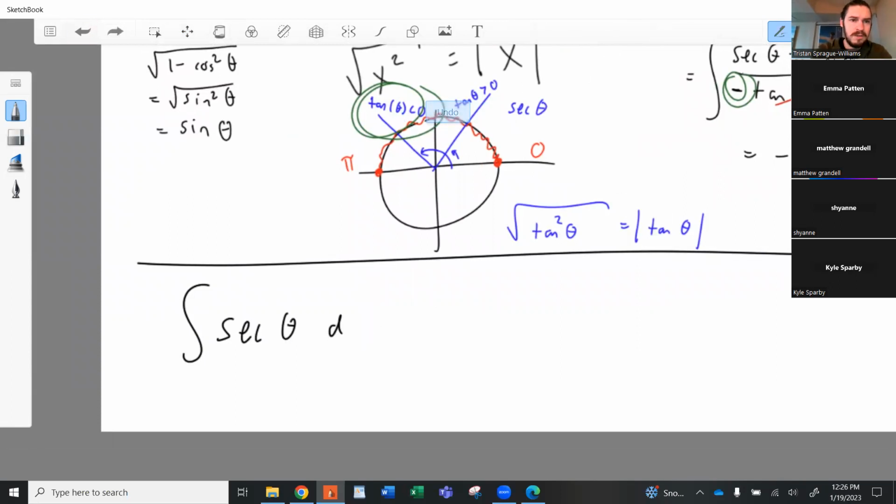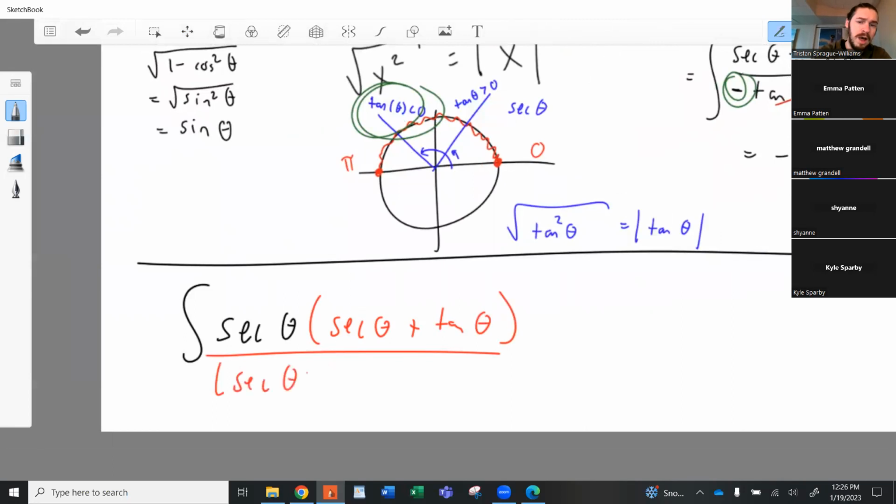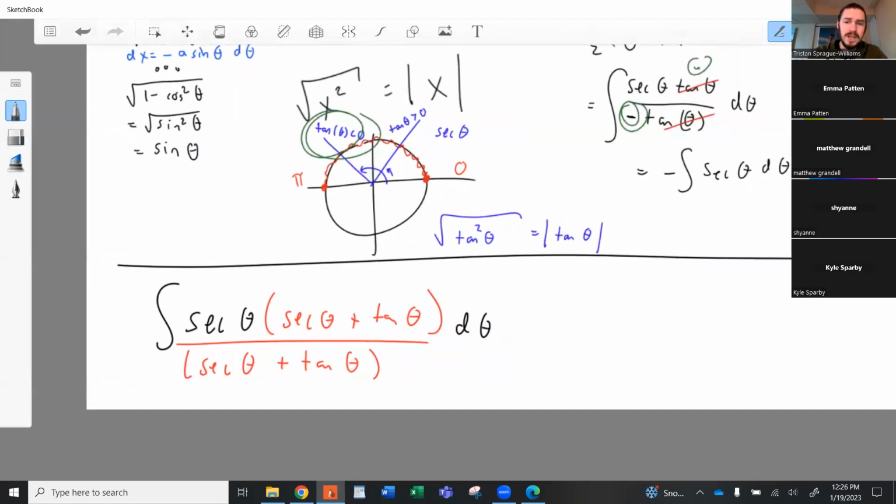What you can do here, in order to integrate this, is multiply by secant theta plus tangent theta in the numerator and denominator. So this is just a modification to the integral, like that. And then you can say, aha, now let's let u equal secant theta plus tangent theta. du is then secant theta tangent theta plus secant squared theta, d theta.